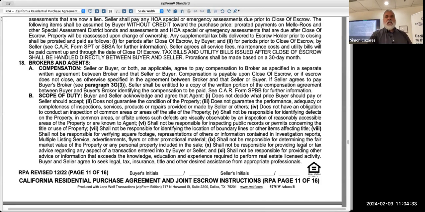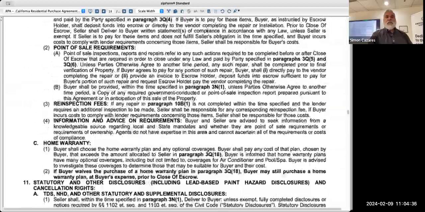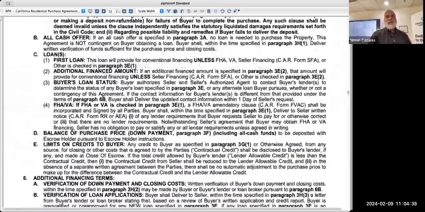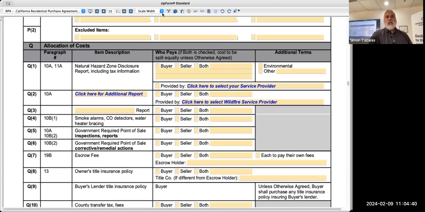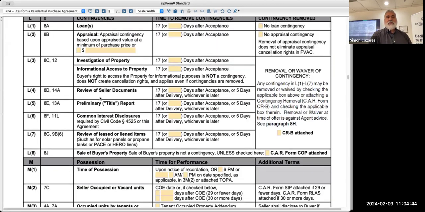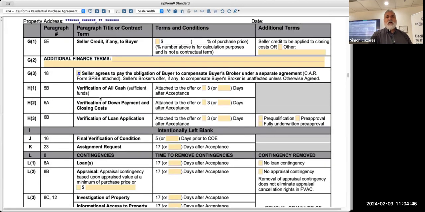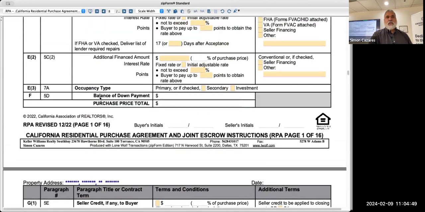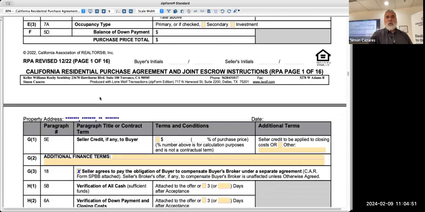So if you don't have a buyer representation agreement, I just want to be clear, do not check G3. If you do have a buyer representation agreement, then you would check 3G. We're all clear? Any questions so far?